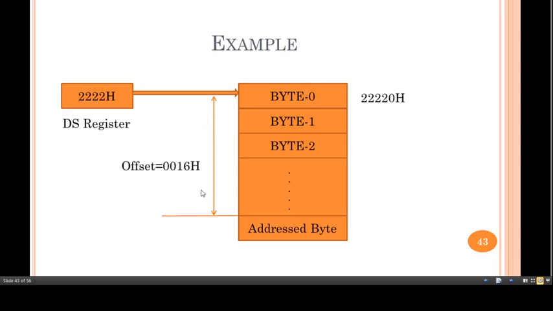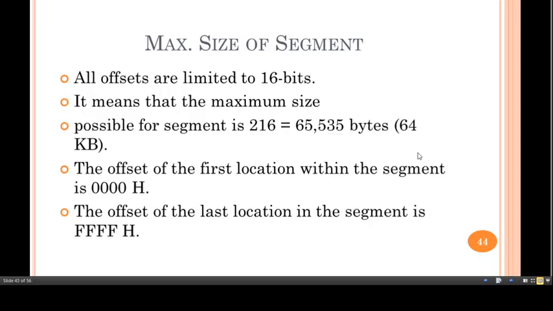When the offset is added to this starting address, 22220H, we get the addressed byte. So our address after addition of the offset becomes 22236H. This is the location addressed by the offset 0016H. This way the calculation of the effective address is done.